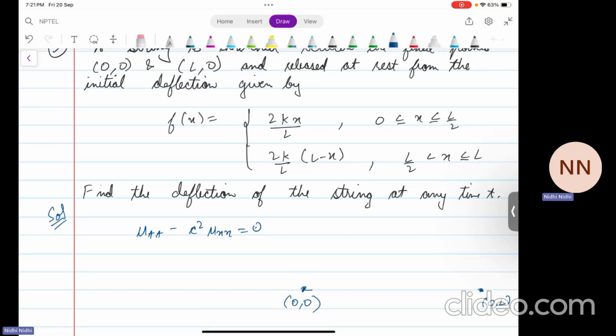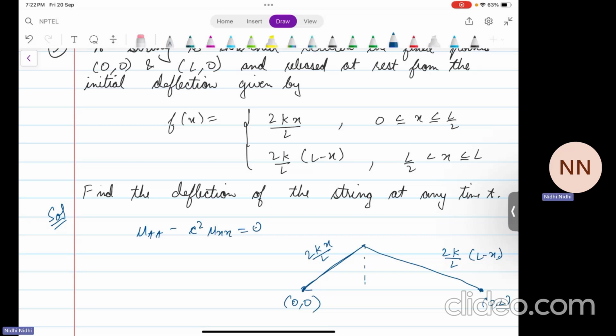Initially, the string is following some curve. It is of this form, where this straight line has the equation 2kx/L, and this has (2k/L)(L minus x). So initially, you can imagine that a wire is fixed at both ends, and you just stretch it from between.